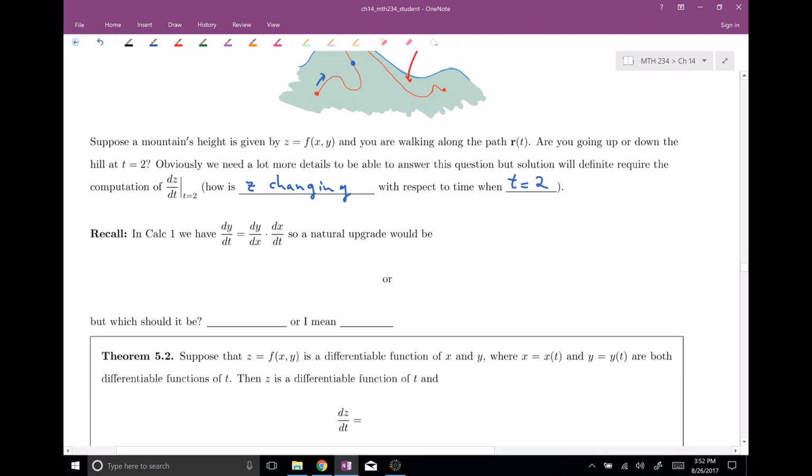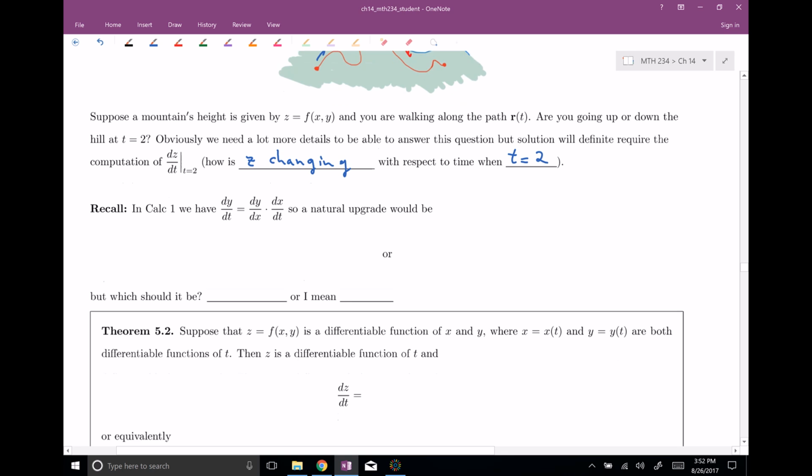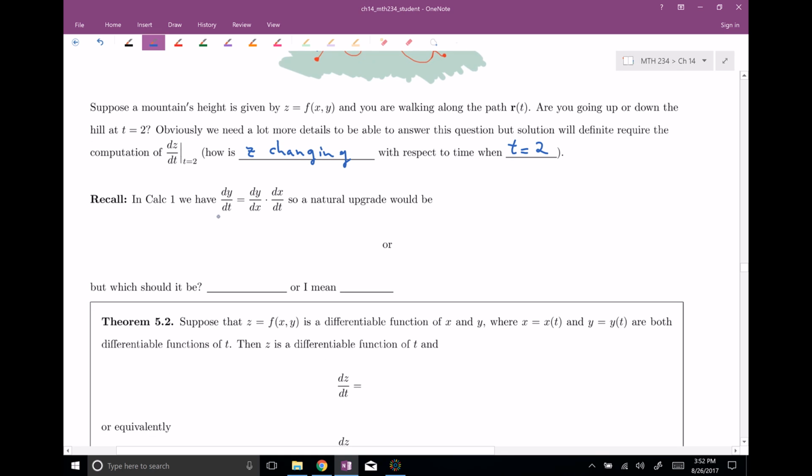Okay, so back in Calc 1, we had something that says, if you want a derivative of y with respect to t, well, this is the same thing as the derivative of y with respect to x times the derivative of x with respect to t. This was the chain rule for single variable functions.